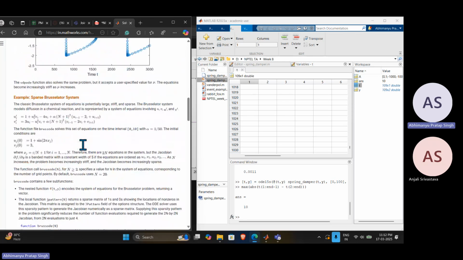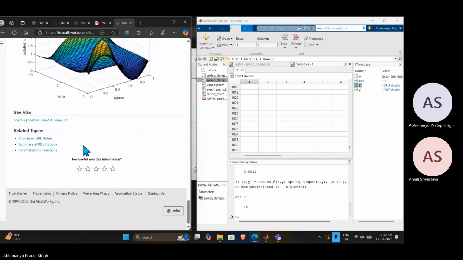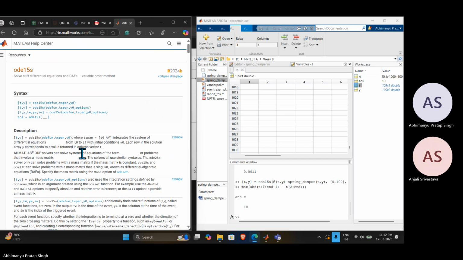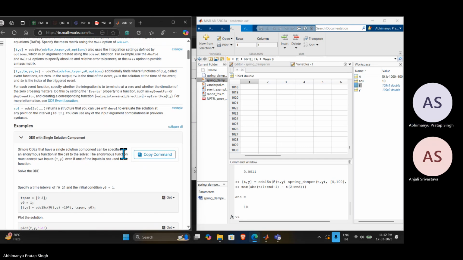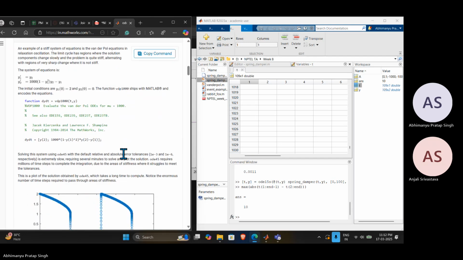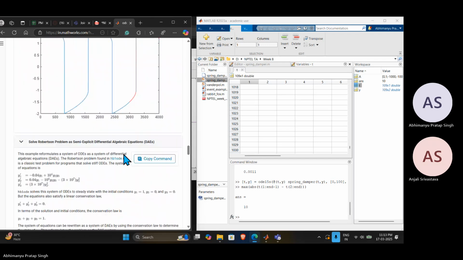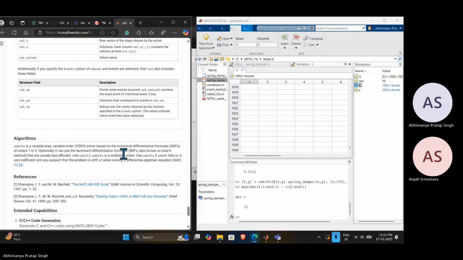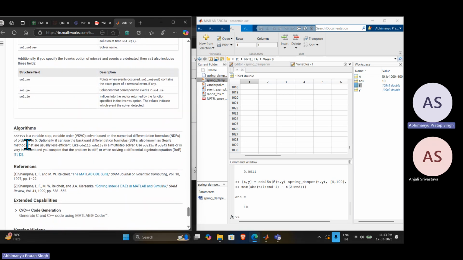Each one has its own characteristics, so you can look it up. If I check ODE15s, they also give references at the end, from which paper the solver is designed. So you can go through it if you want.